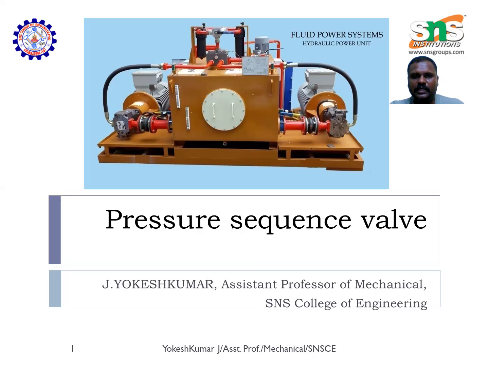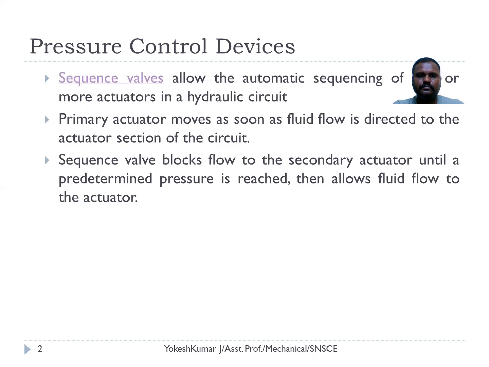In this lecture, we are going to discuss the function, construction and operation of the pressure sequence valve. The sequence valve allows the automatic sequencing of two or more actuators in the hydraulic circuit.